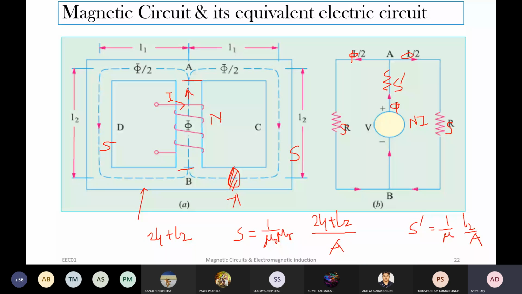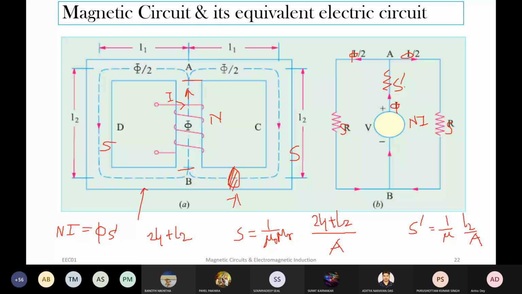So Ni, the total MMF, is equal to phi into S dash, the drop across this, plus phi by 2 into S for this part. In that way you can find out the value of phi by 2, and then what is phi, and the MMF at this part. In that way you can calculate the total flux.